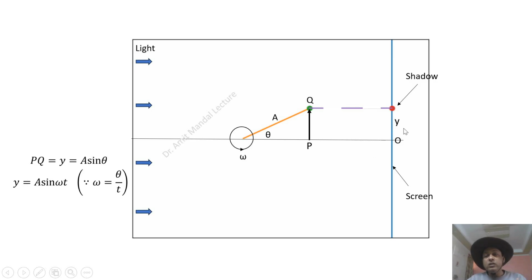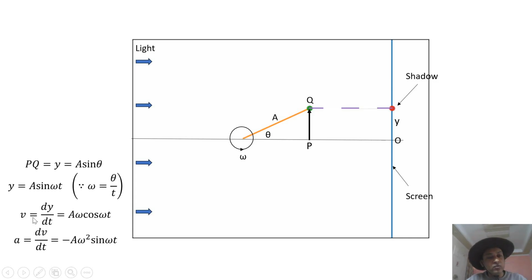Now, what about the other properties? When it is at that point, what is the velocity? What is the acceleration? We know velocity is the differentiation of displacement with respect to time, so v equals dy by dt. Differentiating this, it comes out as A omega cos omega t. By the help of this equation you can find the velocity at that instant. Again, it depends on time only.